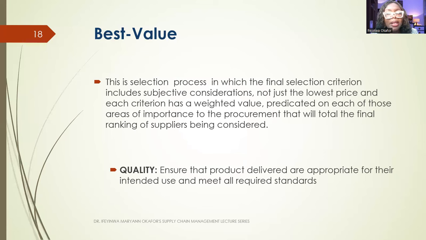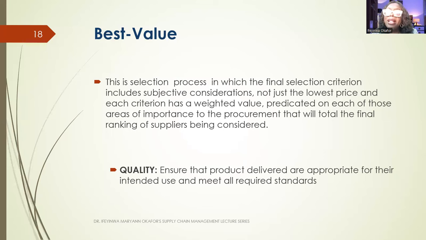Then let's look at quality. Quality ensures that products delivered are appropriate for their intended use and meet all required standards. So before you select a particular vendor, you need to consider the landed cost, which is the cost of getting the product from where it is manufactured to the facility where it should be used.